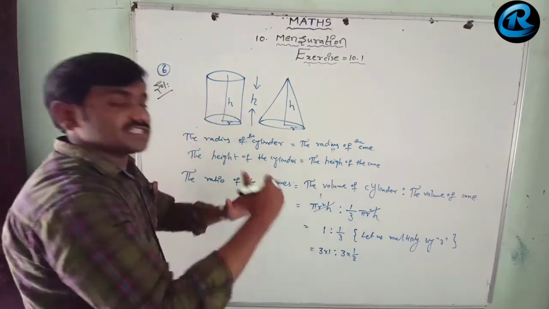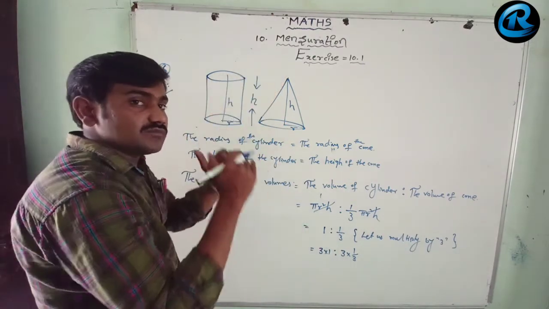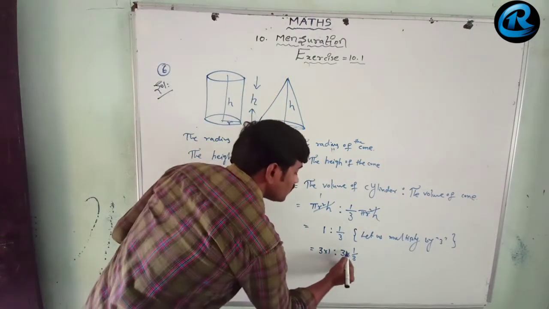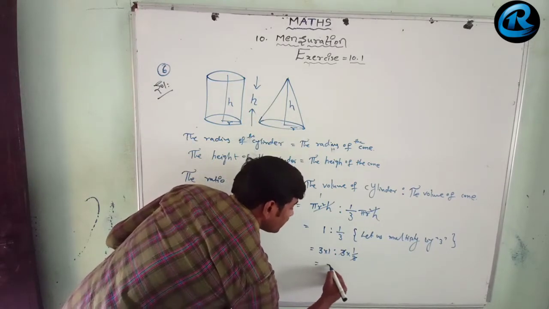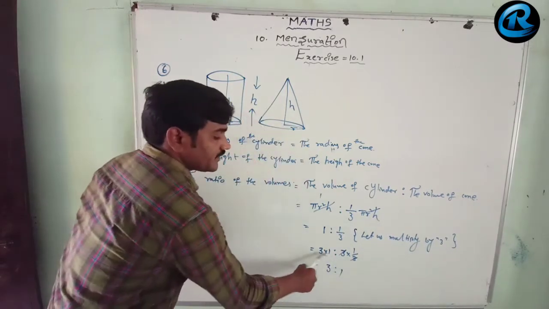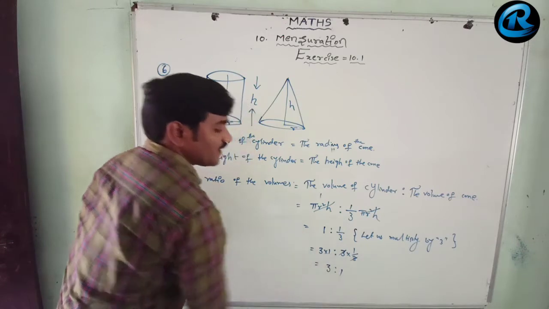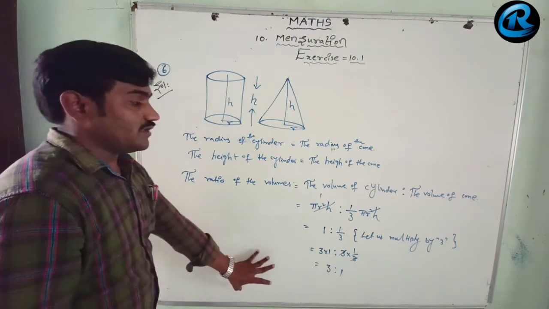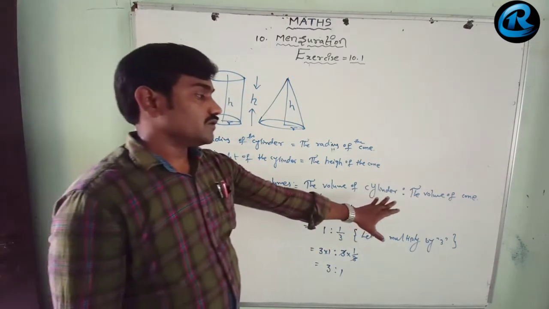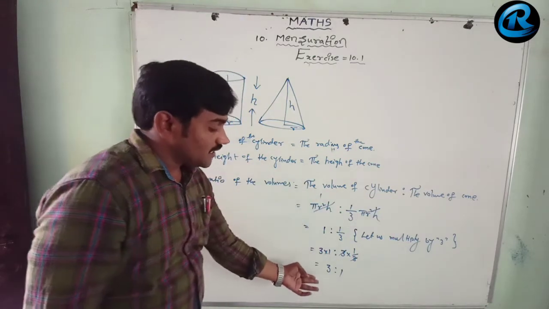I have increased this ratio 3 times. This 3 and 3 get cancelled. Then we get 3 into 1 is 3, 1 into 1 is 1. Then the ratio of the volumes of the cylinder to the cone is 3 is to 1.